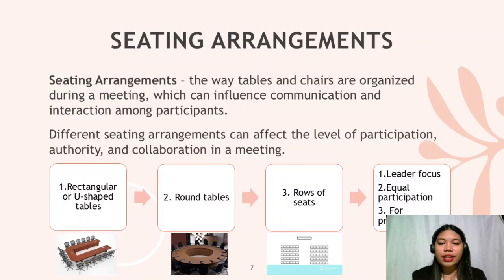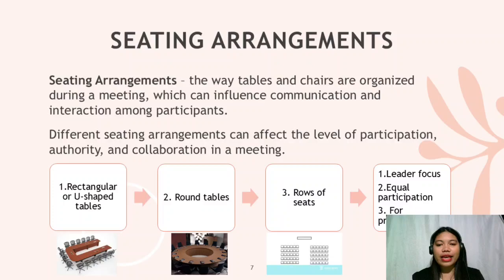Another arrangement is rows of chairs facing a speaker, which is commonly used in lectures or presentations where interaction is limited and one person is mainly delivering information. The seating arrangement should depend on the purpose of the meeting and the type of interaction needed among participants.